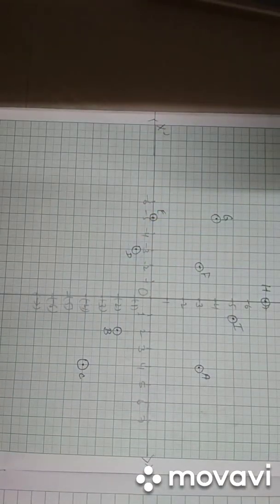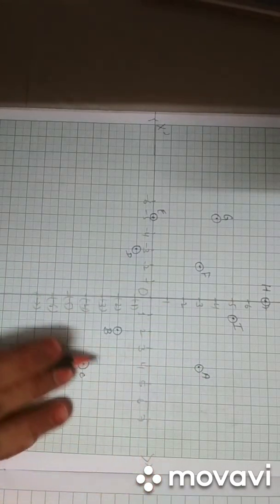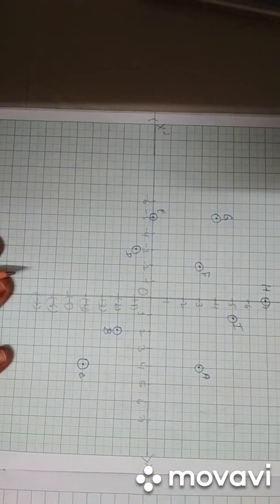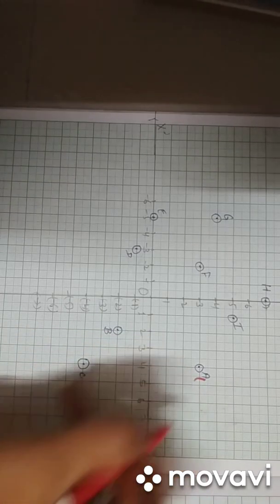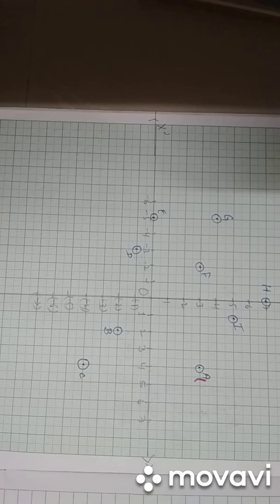Now continuing further, I have given you some points in a graph. Now you have to write their coordinates, meaning abscissa and ordinate. Suppose I start with point A, what would be its coordinates?